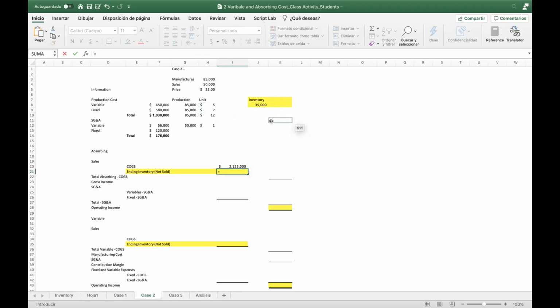So do you all agree with that? It would be the variable, right? No, I think it is the 12. If you multiply it by the 25, you're multiplying it by the sales price. Yes, okay.